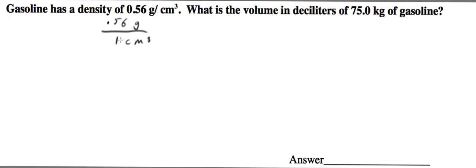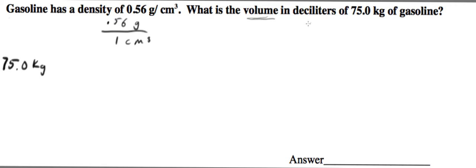And we don't really know which way we're going to use that in this case. So I'm going to recommend that you always start with the less complex unit, which in this case is 75.0 kilograms of gasoline.